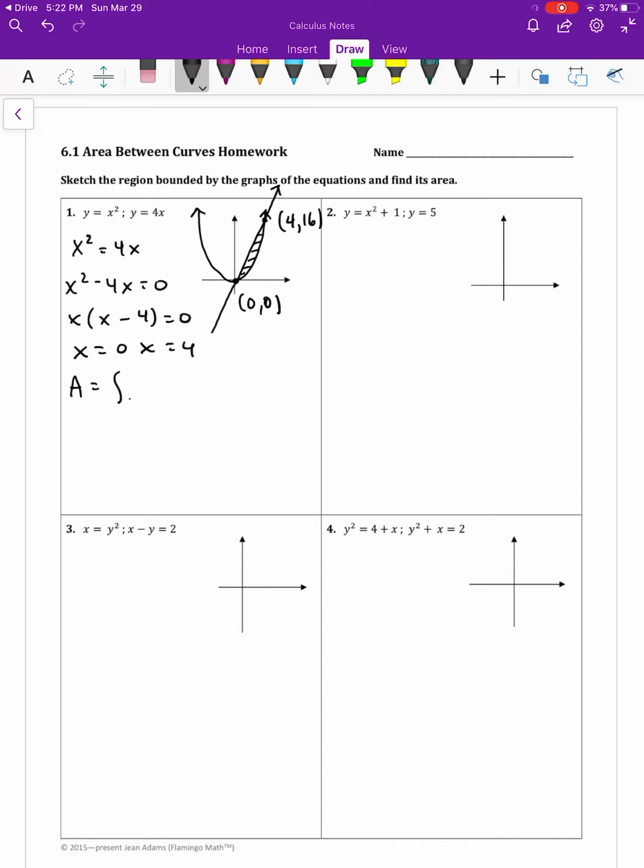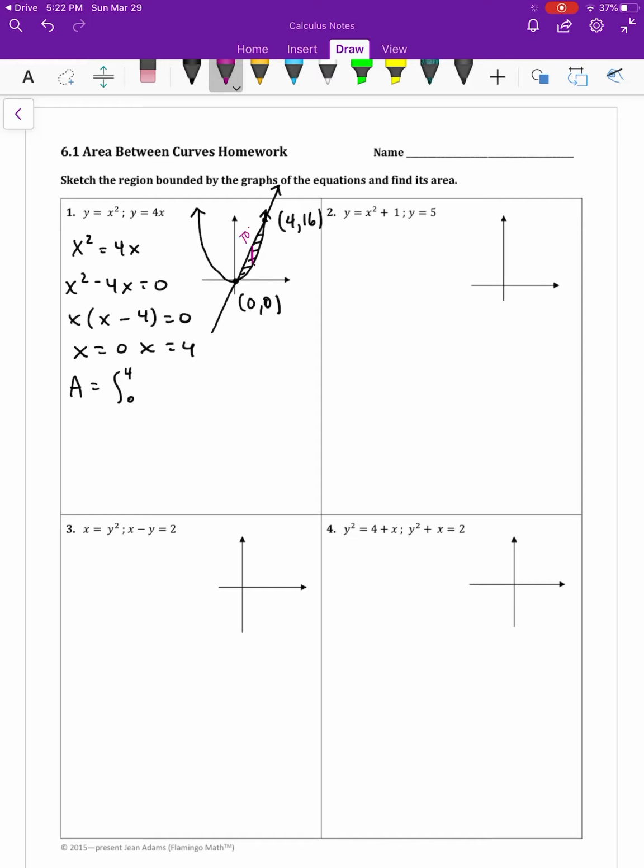And so when you go to figure out what the area is, you've got your area equal to the integral from 0 to 4, because I want you to realize that you would be thinking about, are you going to go along the x, or are you going to go along the y? And really, you could do either one here.